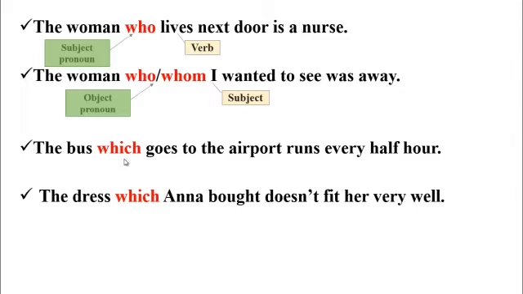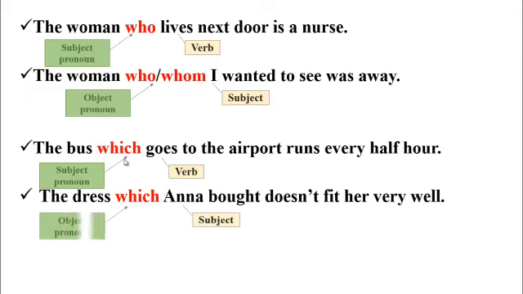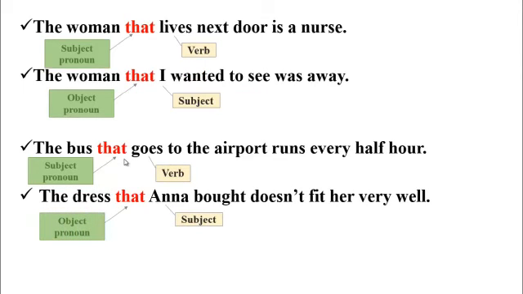Here which is followed by a verb. What does it mean? Which here is a subject pronoun. The last example, the dress which Anna bought doesn't fit her very well. Here which is followed by a subject. It means that which here is an object pronoun. It's the same with that. If that is followed by a verb, then it is a subject pronoun. If it is followed by a subject, then it is an object pronoun.